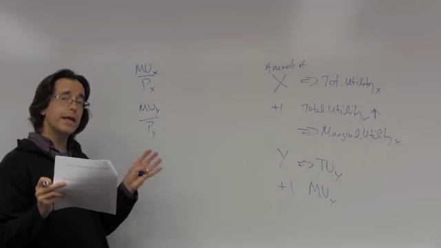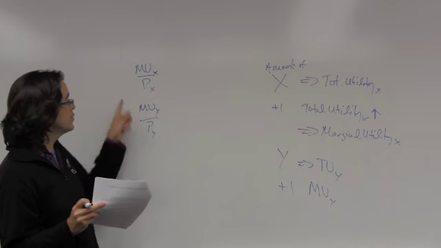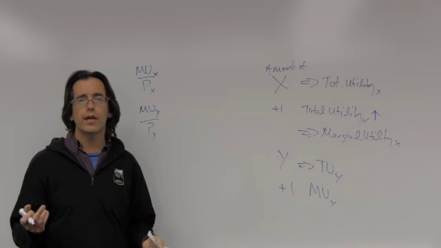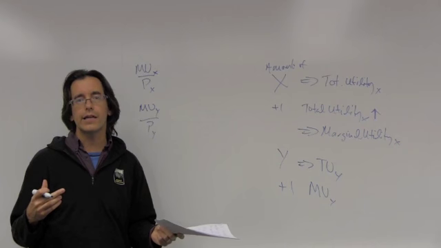So if we're already spending a certain amount of money and we can do these measures, we can look at the differences between these ratios and say, well, what should we do? How should we reallocate?